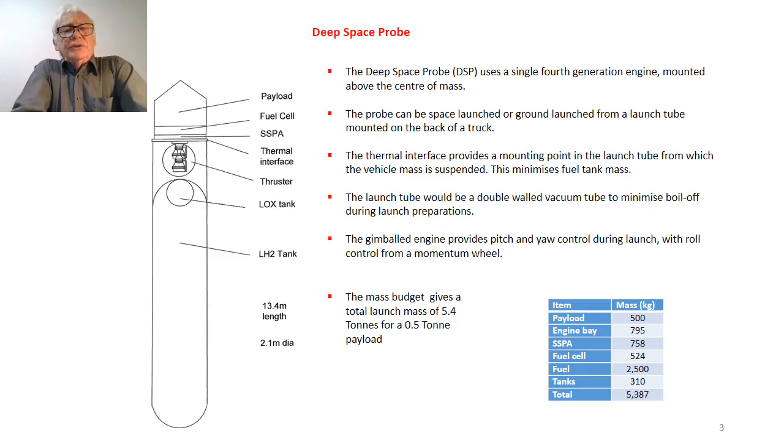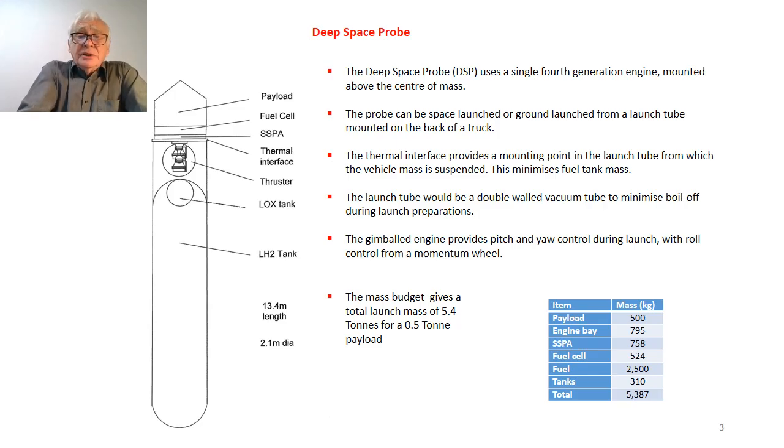So you've got pitch and yaw control from the thruster, the roll control would be carried out by a momentum wheel, as is classic in these typical missile type configurations.